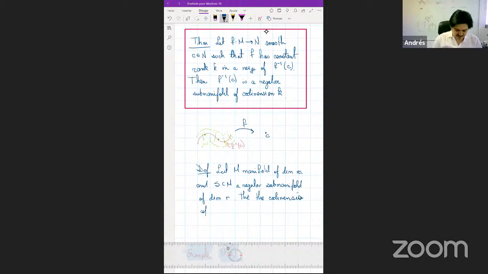So the codimension of S in M is just the difference. That's the codimension. The other direction that you're missing, so to speak. So this has codimension k, meaning the dimension of S is n, the dimension of M, minus k.